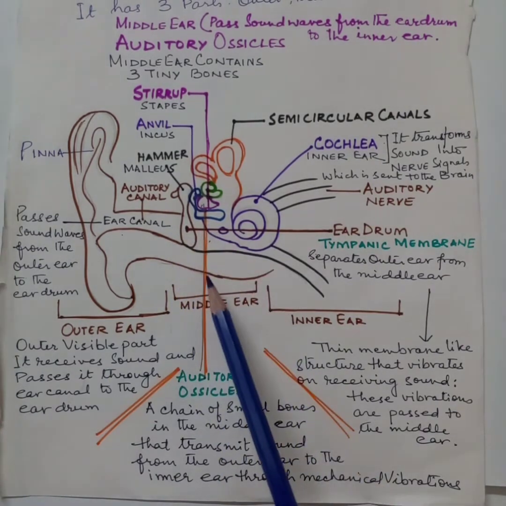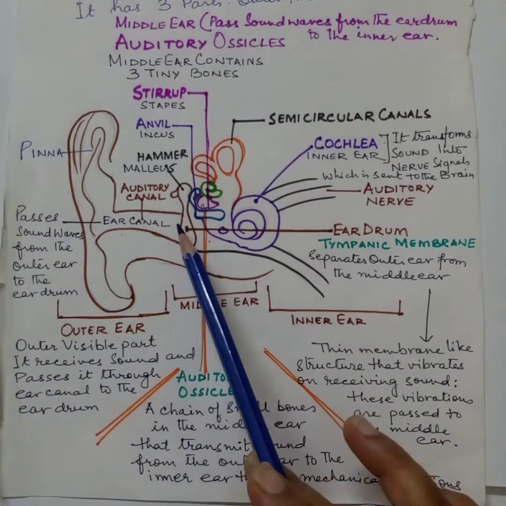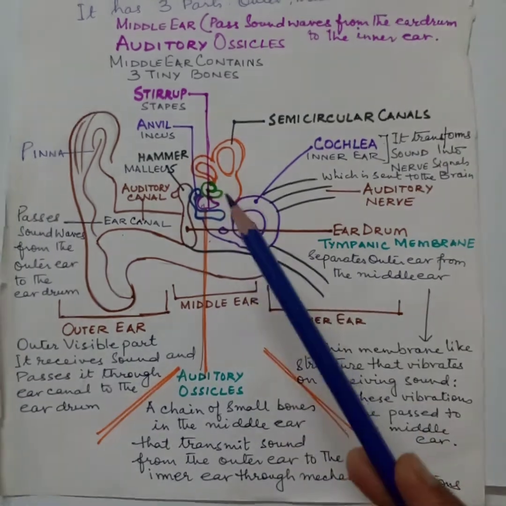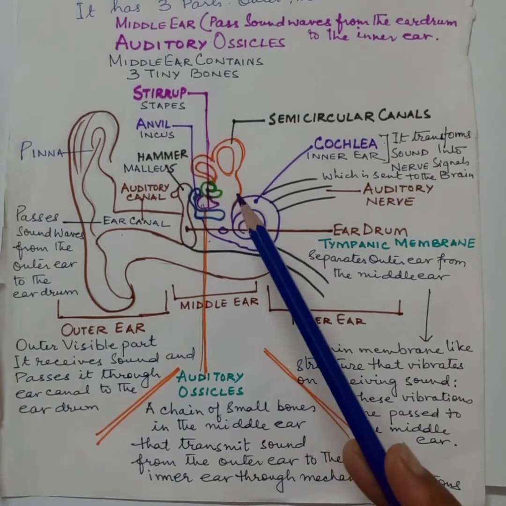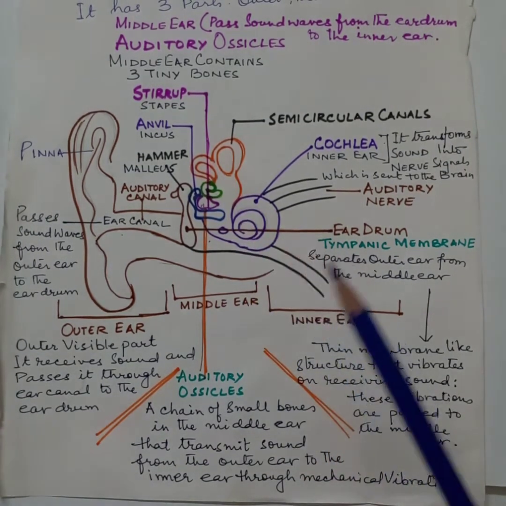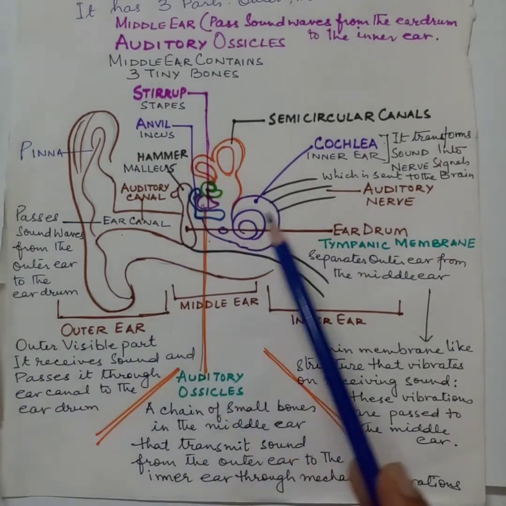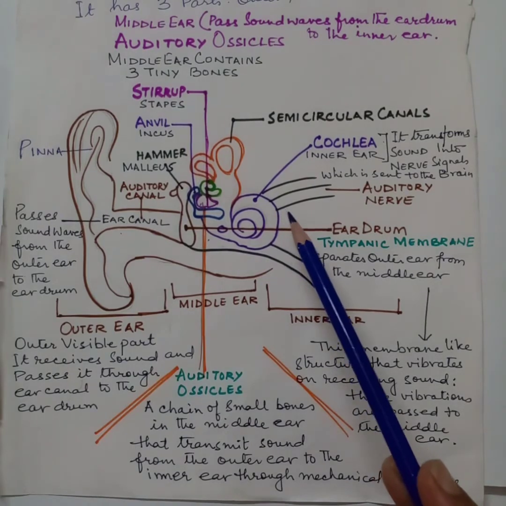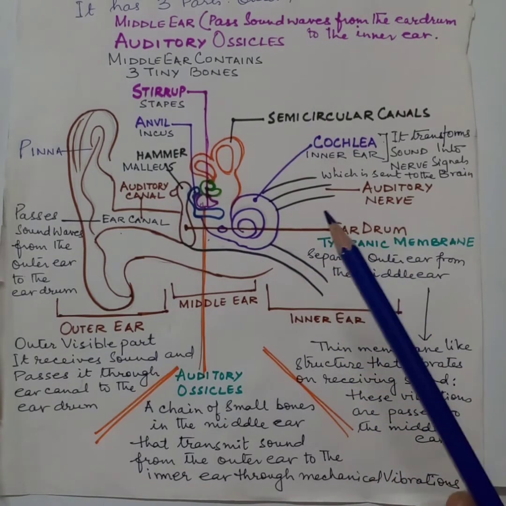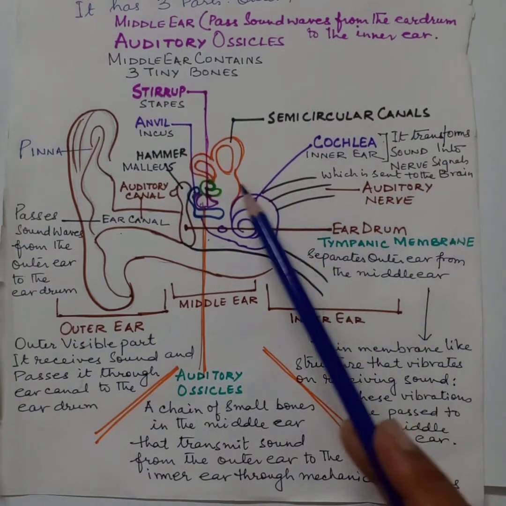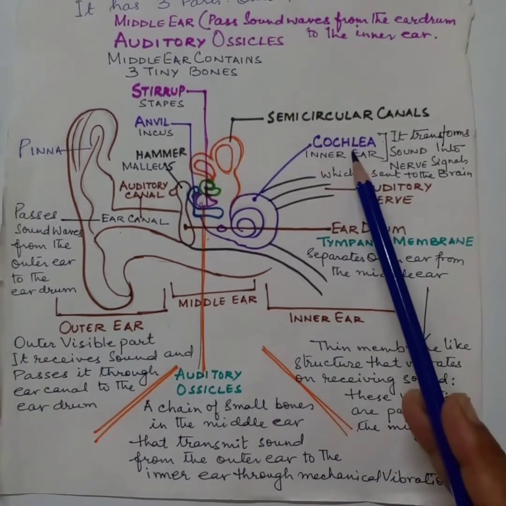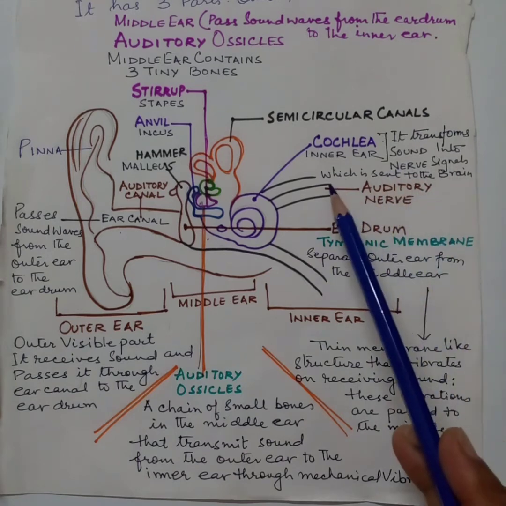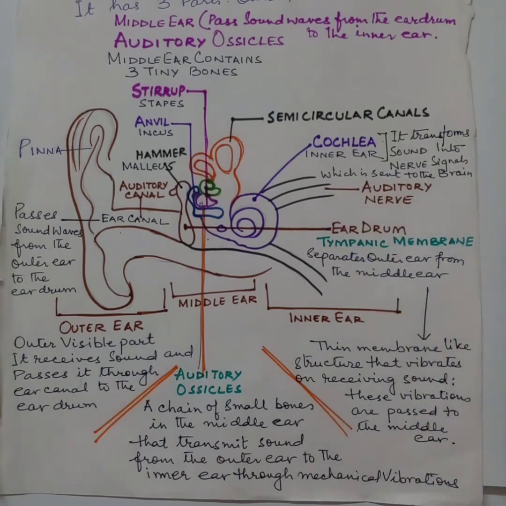These vibrations are passed to the middle ear, and in the middle ear there is a chain of small bones that transmit sound from the outer ear to the inner ear through the mechanical vibrations. The inner ear has the cochlea. It transforms the sound into nerve signals which are sent to the brain.